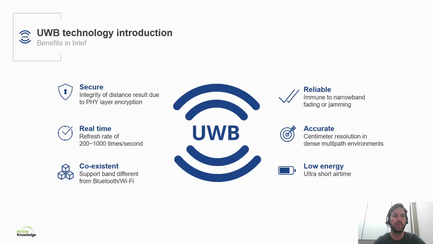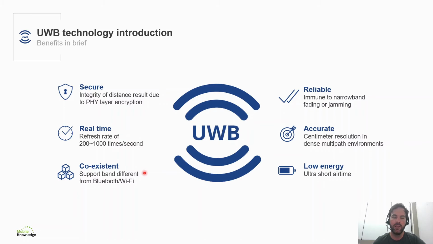So ultra-wideband capabilities make it unique within the wireless technologies. Let me summarize some of the key differentiators of ultra-wideband technology. It is secure. The integrity of the ranging result is provided through physical layer level security. It is real-time. Ranging measurements can be done 200 to 1000 times per second due to an ultra-short pulse use.